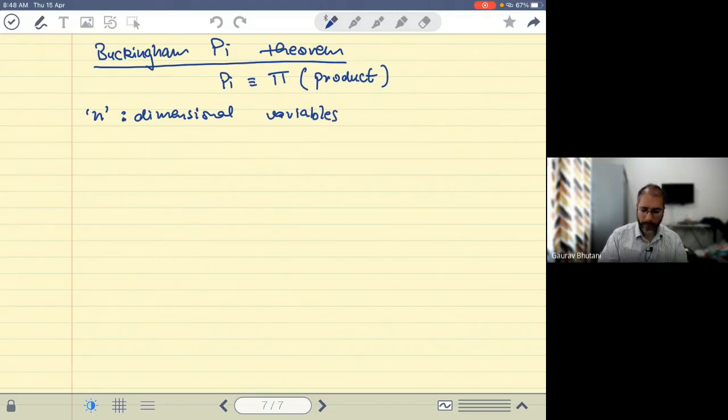So in a problem, if you have n dimensional variables. In the previous example, we had 5 dimensional variables, which were FL, L the length, the velocity V, the density rho, and viscosity mu.